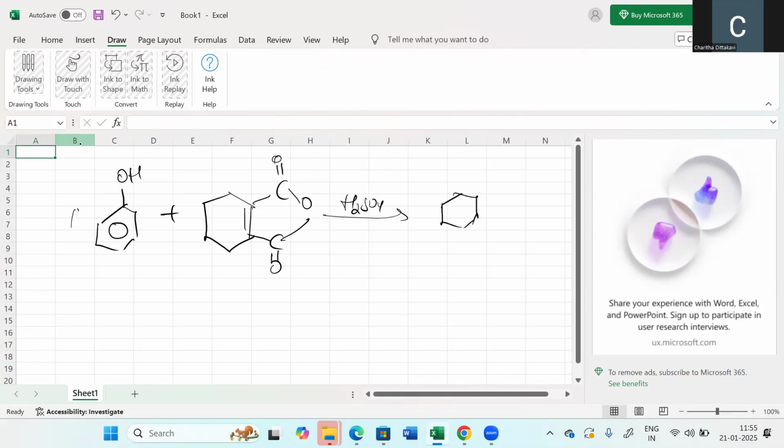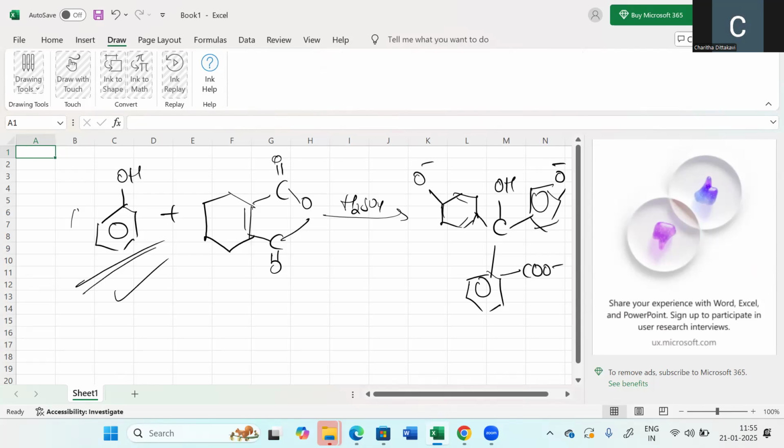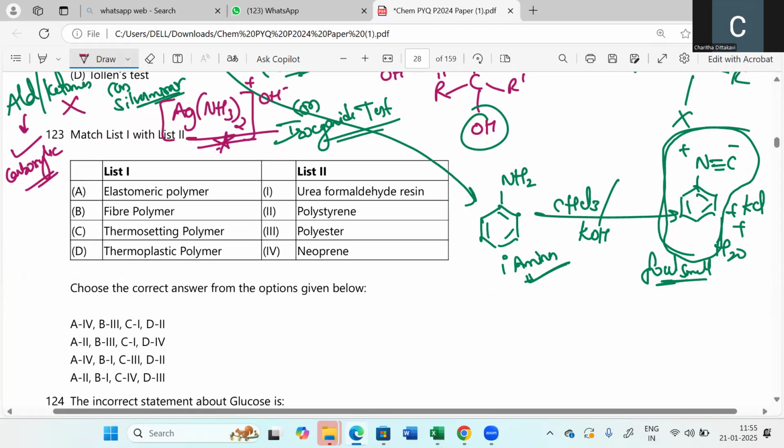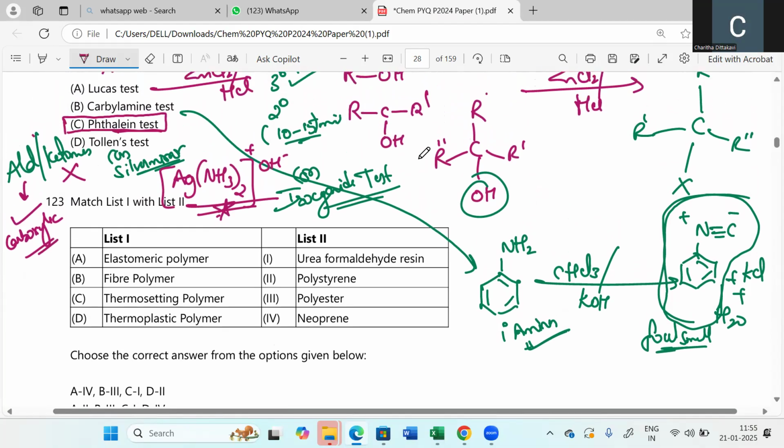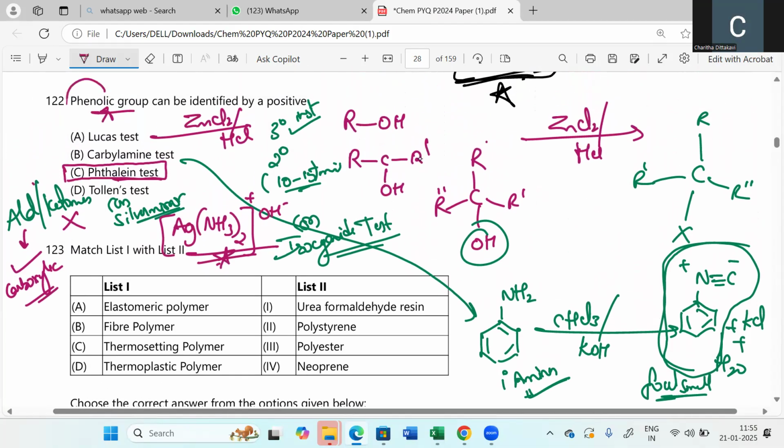So definitely we will get carbon here, this OH remains the same, with O minus here and O minus here, and a phenolic group with C=O, O minus here. So phthalein is shown by this.